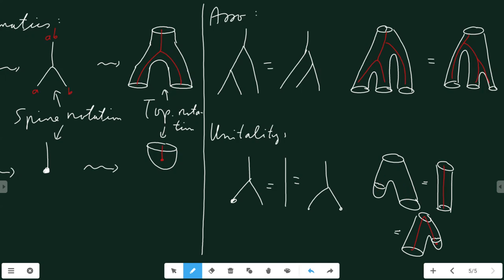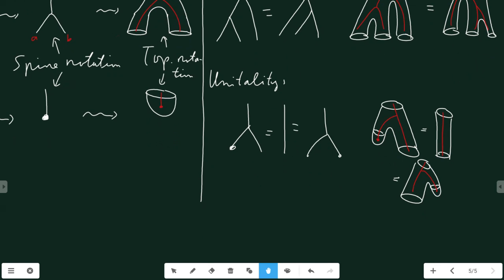Let me try again. Okay, so upshot with a little bit more space. The classical associativity and unitality are actually topological notions.